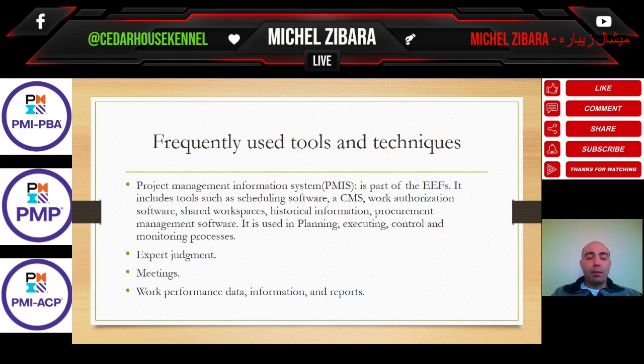To give you a quick example, when we talk about work performance data, let's say I have a work activity to be completed, and I've planned 20 hours to complete that work activity with 10 resources. If the 10 resources were able to achieve 5 hours per day, that is data extracted from the project.